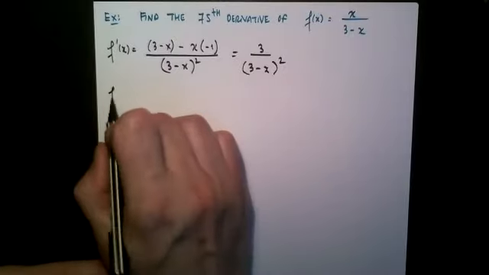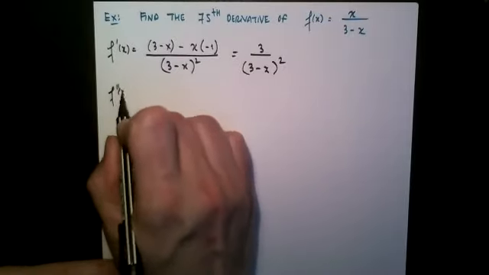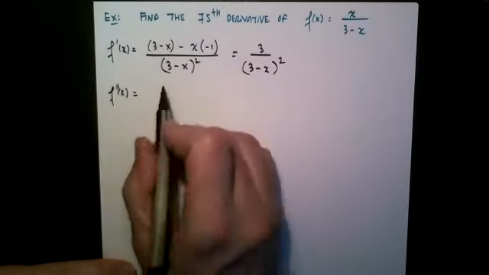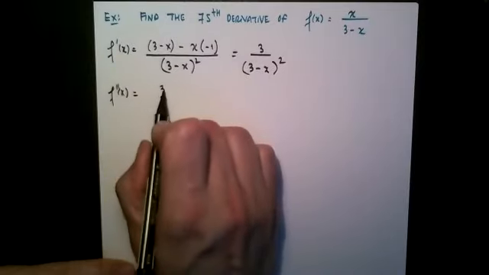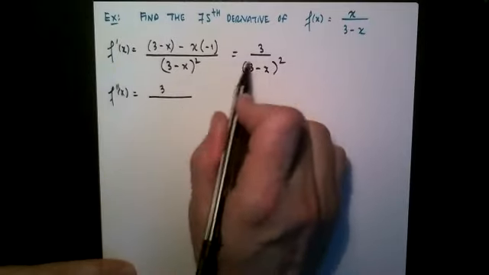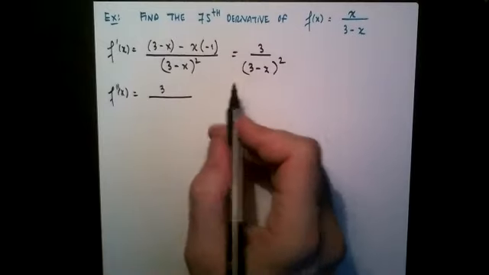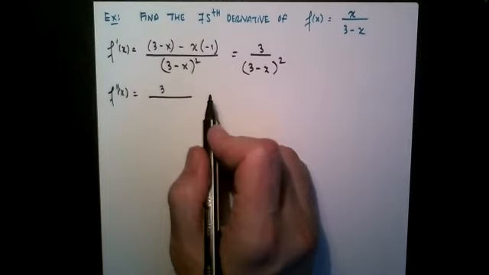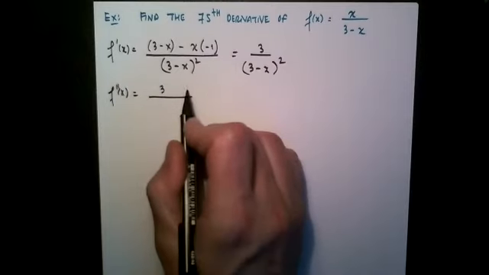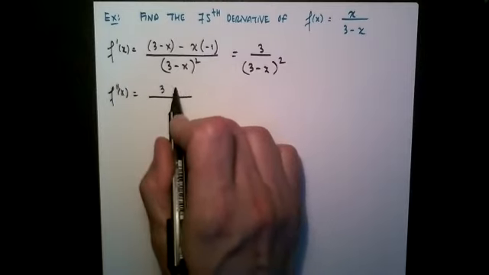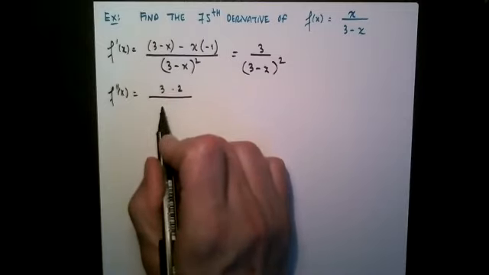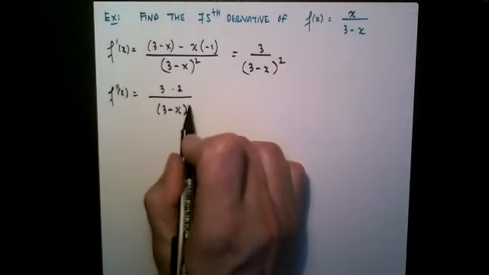Second derivative. So the 3 stays. And then this is (3 minus x) to the minus 2. And so that is 2 times (3 minus x) to the negative 3.